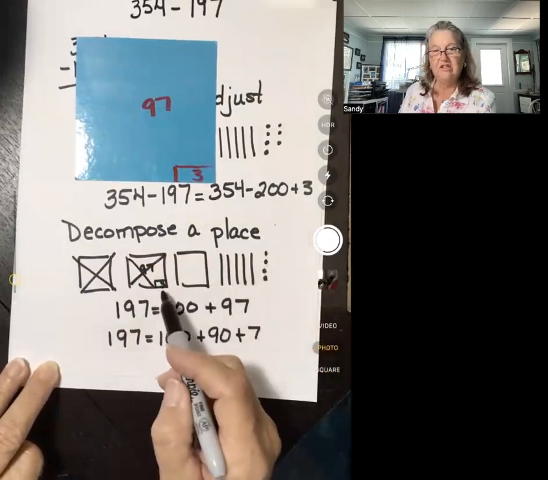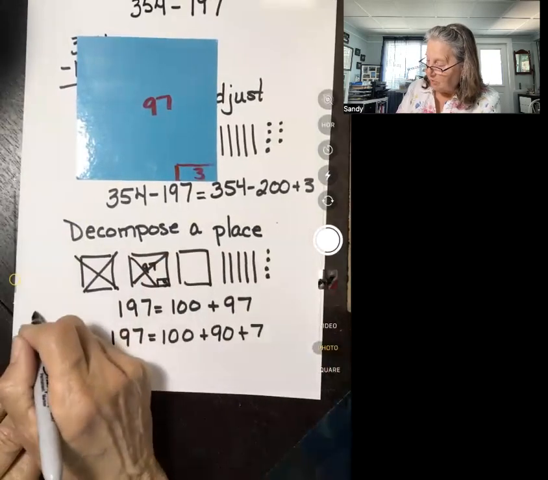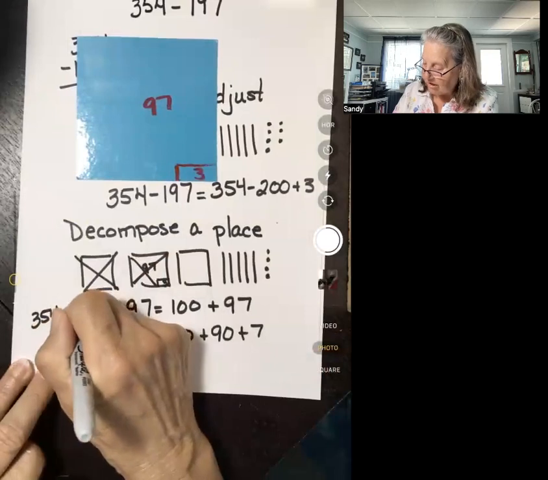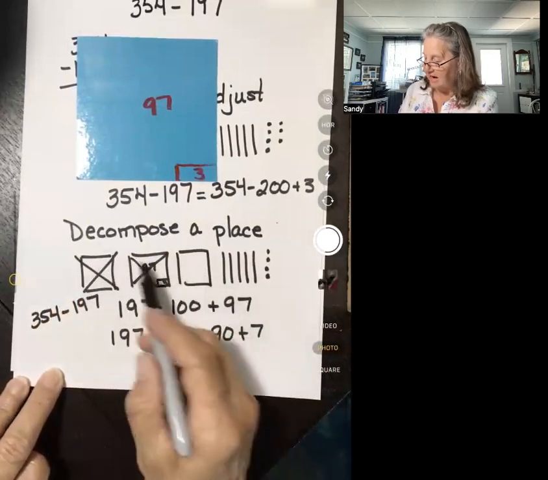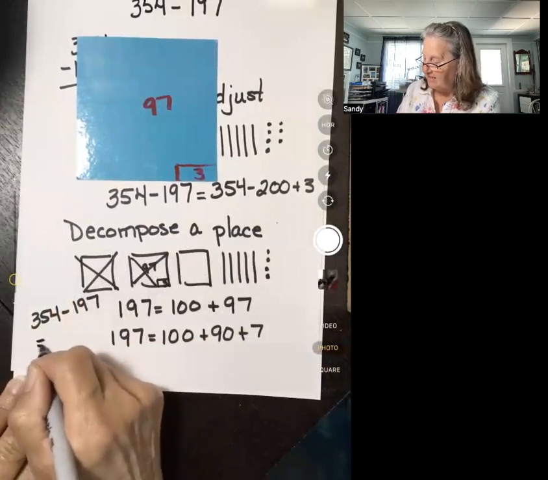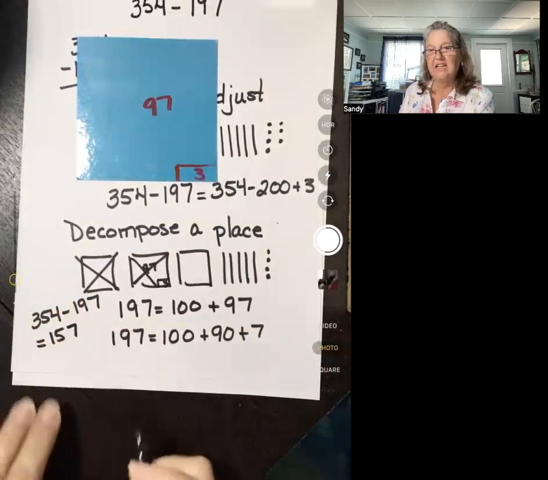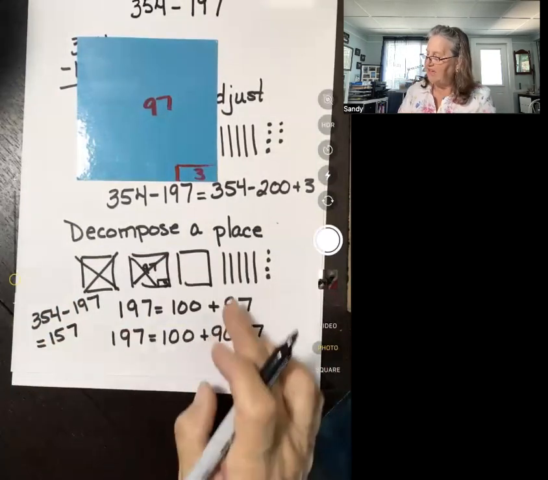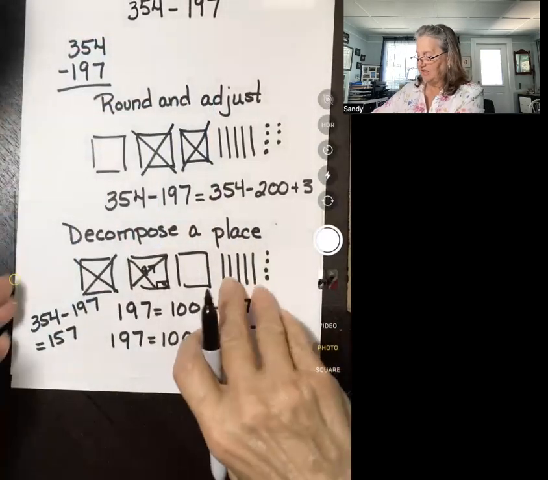These 4 and this 3. So I've got 354 minus 197. I remove the 100. I remove that 97. I'm left with 157. Again, this is something I can do mentally once I have these images of the hundreds, tens, and ones.